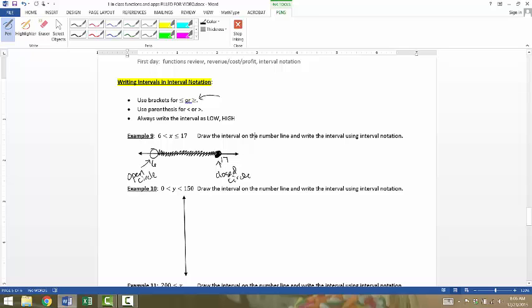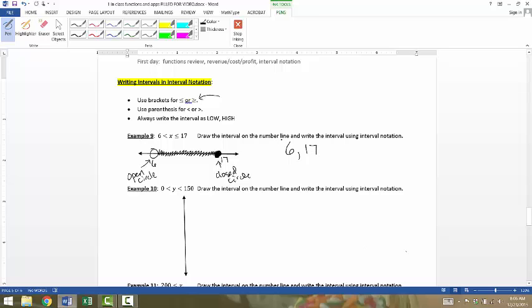This interval representation is saying x cannot equal 6, but it can equal any number between 6 and 17, and it can also equal 17. When you write an interval in interval notation, you first start with the low value, 6, comma, the high value, 17.